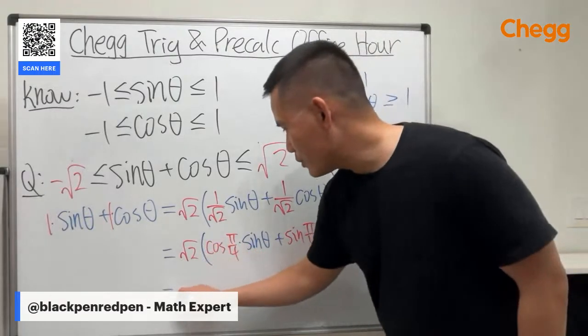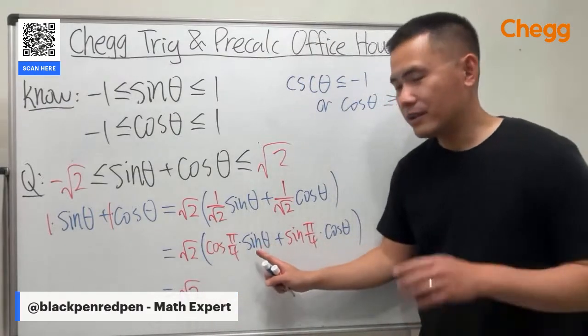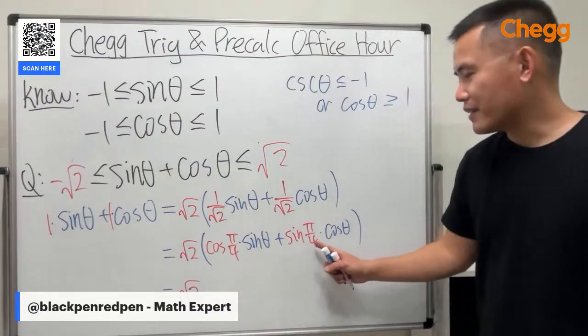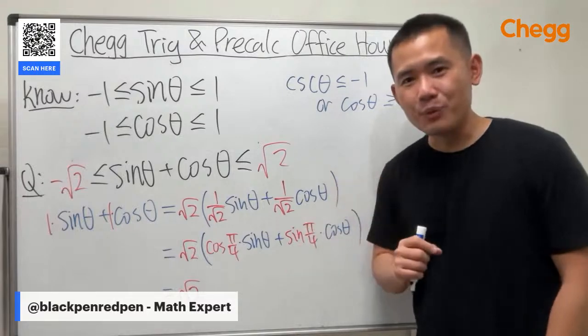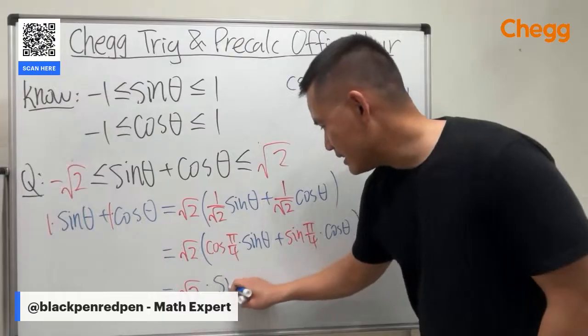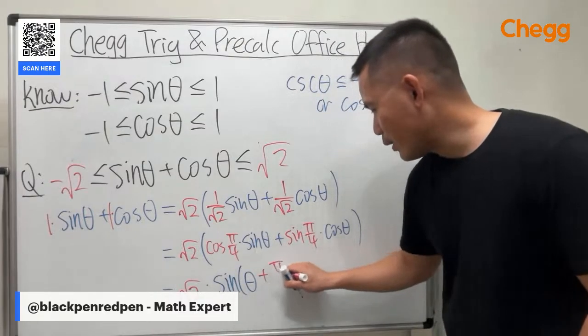Now, we still have the square root of 2 all the way in the front, but sine of the first times cosine of the second, plus sine of the second times cosine of the first, is just the angle sum formula for sine. So I can write this as sine theta plus pi/4.